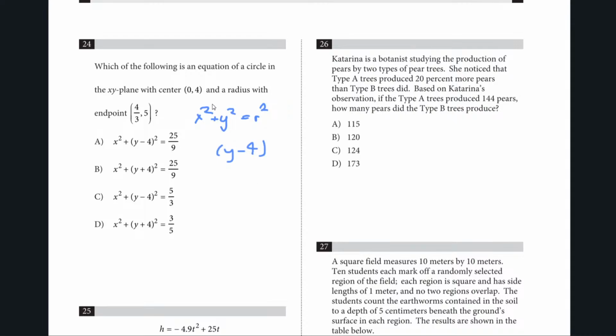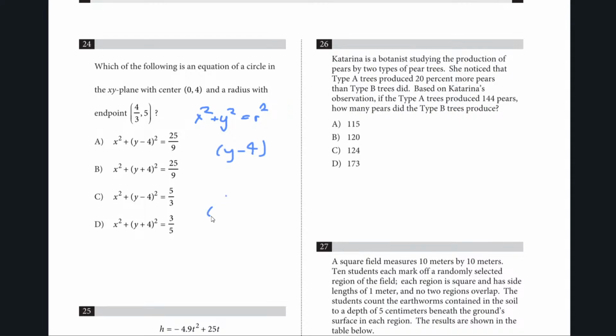Anyways, and a radius with endpoint 4/3, 5. So when it comes to radius, let's see. The distance from this to our center, 0, 4.